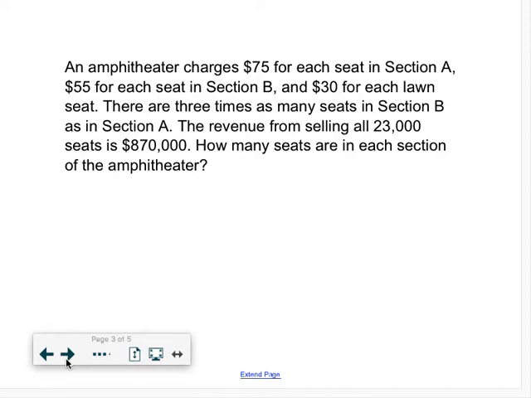You maybe don't have to write this down word for word, but get the gist of what's happening in this scenario. We have an amphitheater. It's charging $75 for a seat in section A. It charges $55 for a seat in section B. And we're charging $30 for a seat on the lawn.